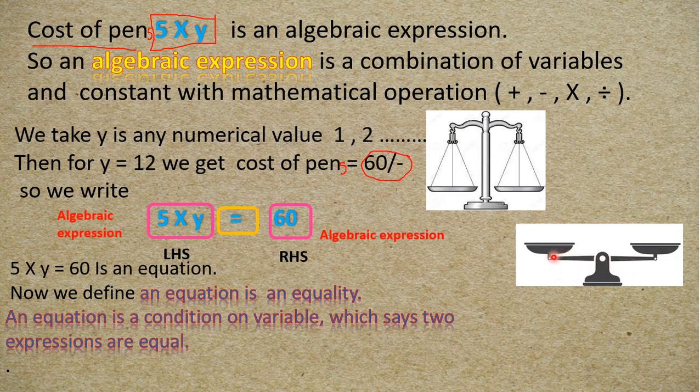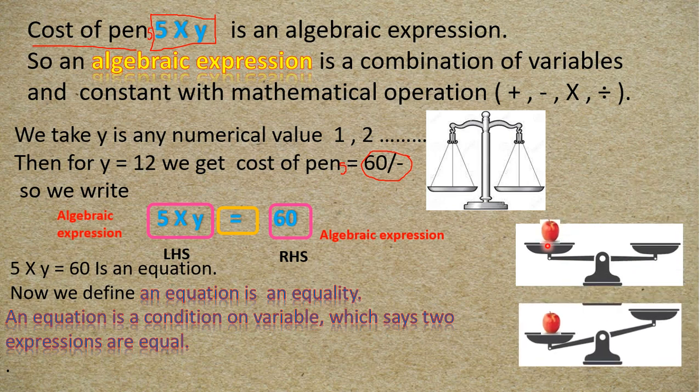If both plates are at the same level and we put something on the left plate, what will be the result? The left plate will go down, as the weight of this apple is now on the left plate and the right plate is empty, so it goes up.